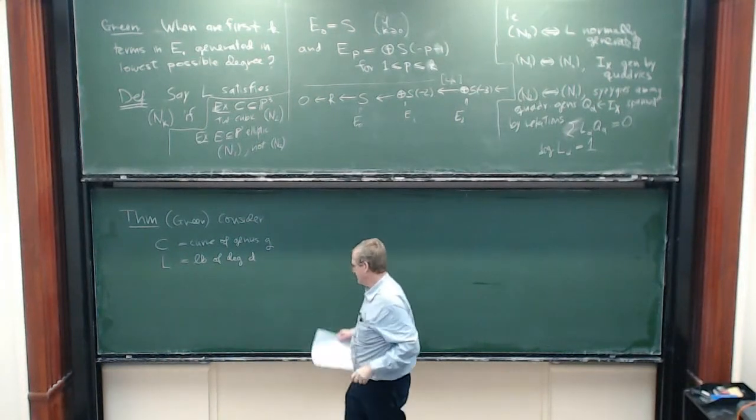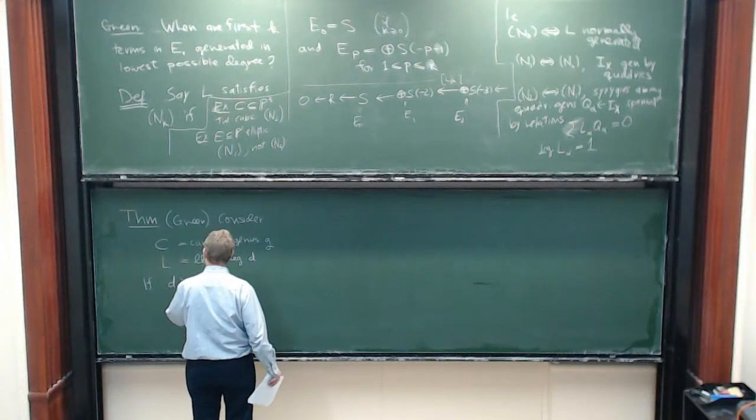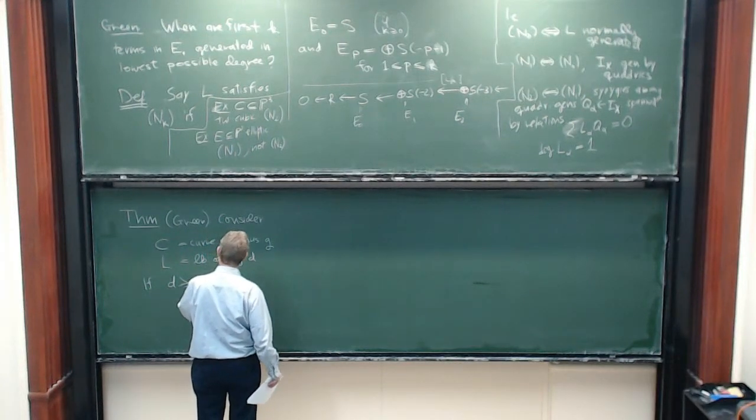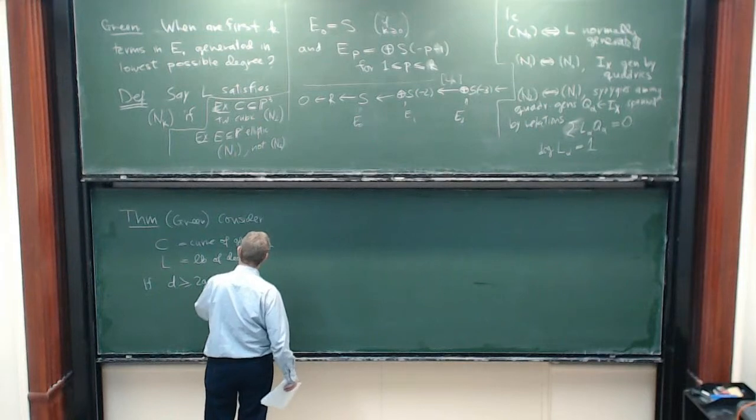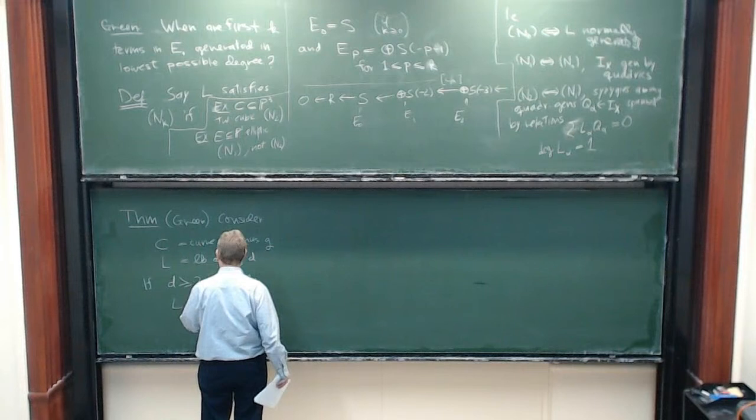The theorem is that if the degree is bigger than 2g plus 1 plus k, then L satisfies this property N_k.